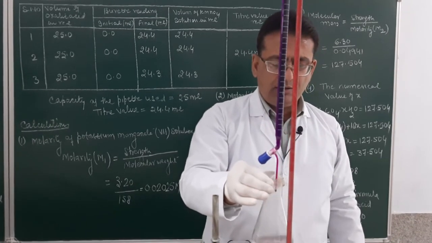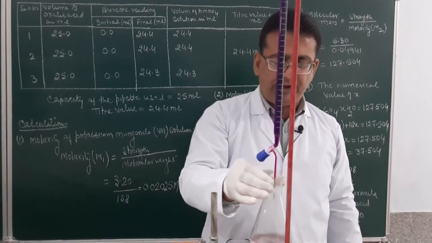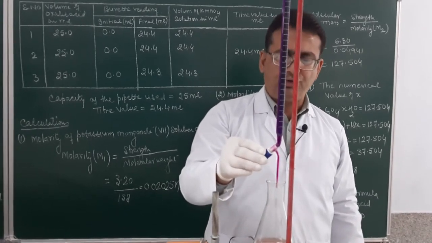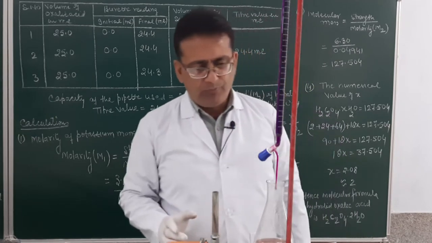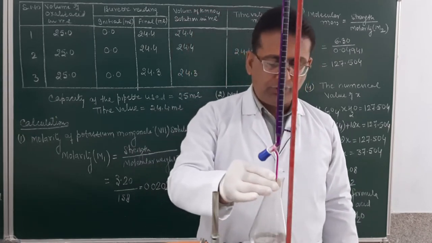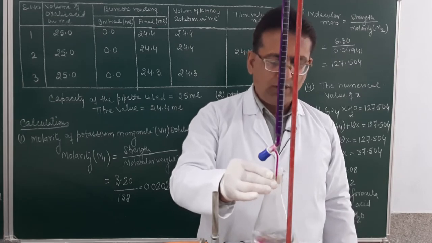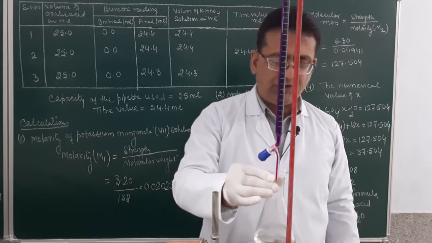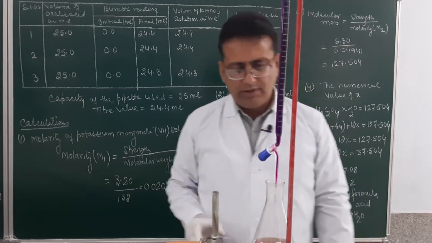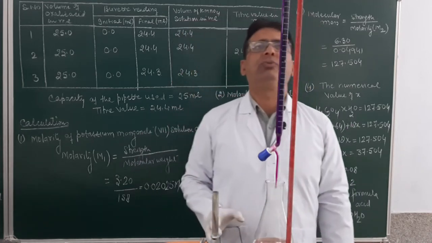I think the demonstration must be very, very clear to you. And we'll add to obtain the persistent light pink color. The solution in the conical flask must be constantly shaken till the persistent light pink color is observed.